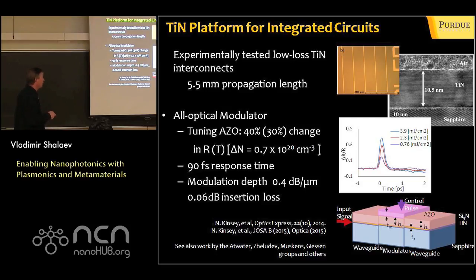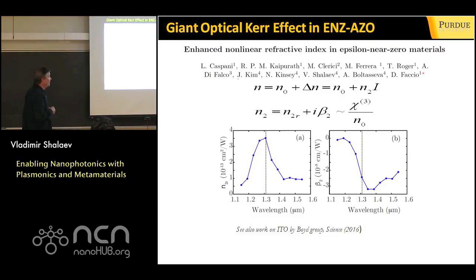And the modulation depth is very impressive, 0.4 dB per micron. So that all shows that these materials could find applications for traditional nanophotonic circuitry, which is kind of the main motivation for the whole field of plasmonics. Not only the areas which I mentioned, like energy, data storage, and thermal therapy, but also this nanophotonic circuitry. So let me reiterate.